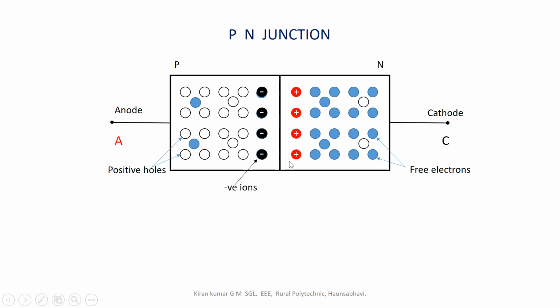Similarly, here on the n side near the junction, previously the atoms were electrically neutral. Now, losing one electron from each of these atoms, they have a shortage of one electron, and one minus charge shortage is created here, and one dominant positive charge on each atom makes these atoms positive ions.